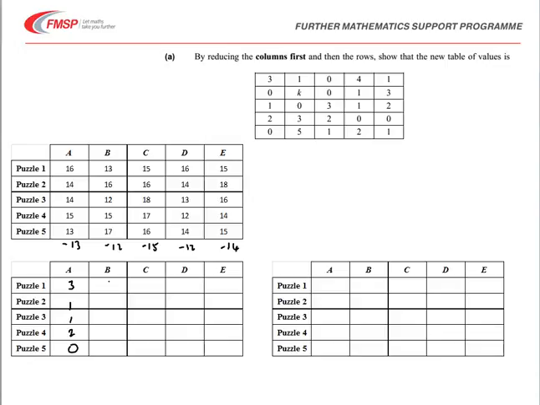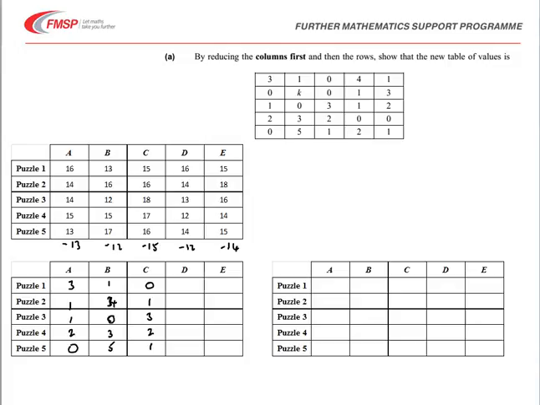The next column becomes 1, 3, I beg your pardon, 1, 4, 0, 3, 5. The next one, subtracting 15, becomes 0, 1, 3, 2, 1.